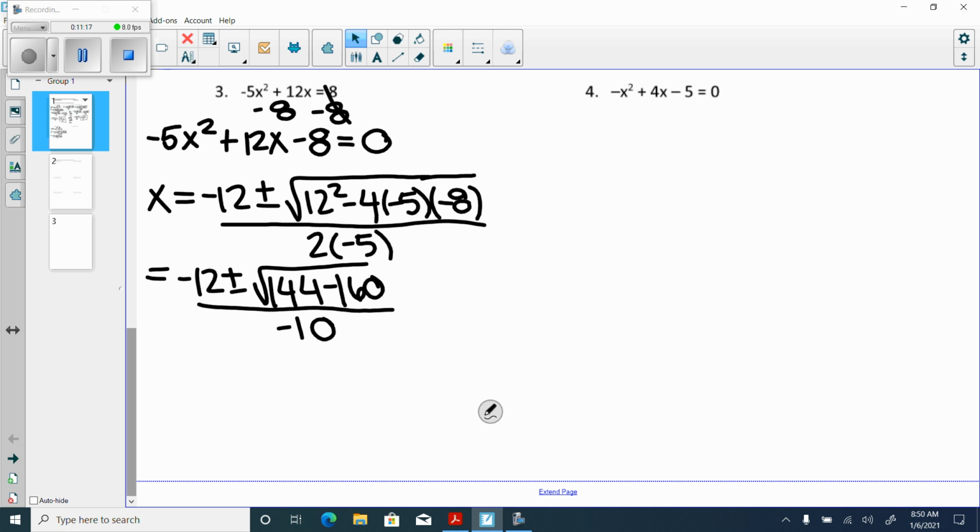Very good. Okay? And then what would we want to do? So what will we be left with under our radical? Very good. And this is all over that negative 10. Okay, now what should we do?